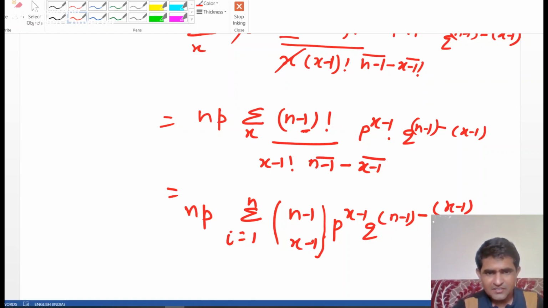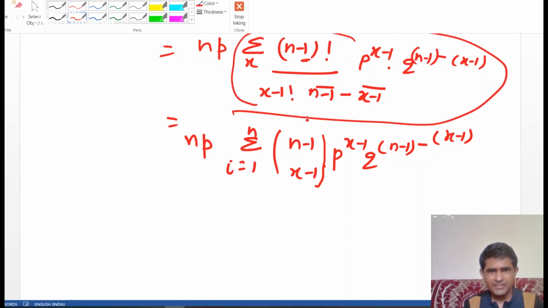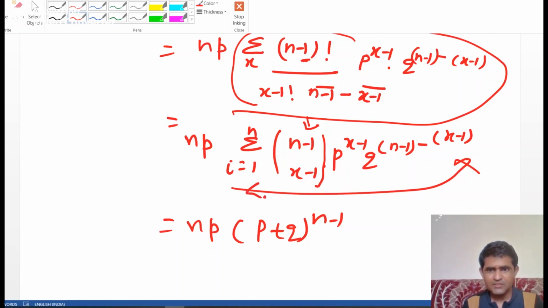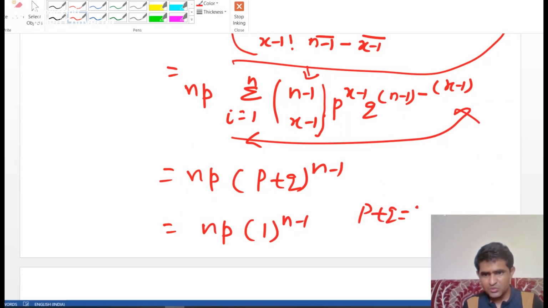Okay guys, this is the new formula of binomial distribution expressed with this expansion. Here we get n into p times p plus q to the power n minus 1. This is the whole expression of p plus q. You know p plus q is equal to 1, so 1 to the power n minus 1 is 1.